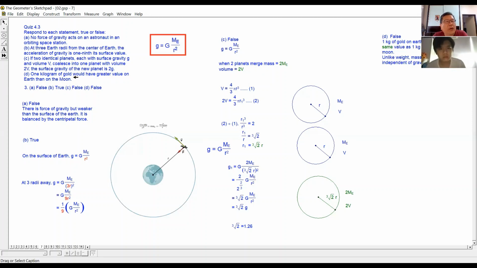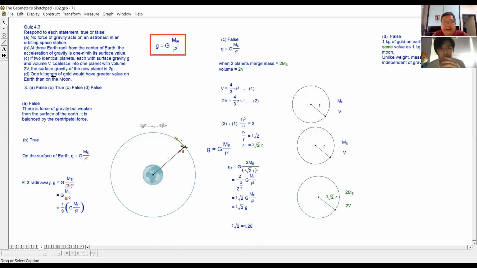1 kilogram of gold would have greater value on Earth than on the moon. Okay, now this kilogram is actually the mass. It is the material, how much material that you have. It doesn't depend on the gravitational pull.